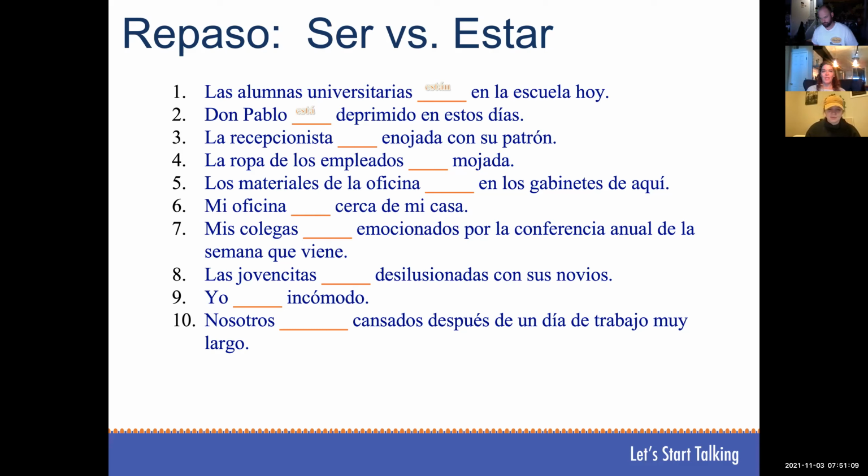So I want to use estar. Yo estoy, tú estás, ella está. Está.